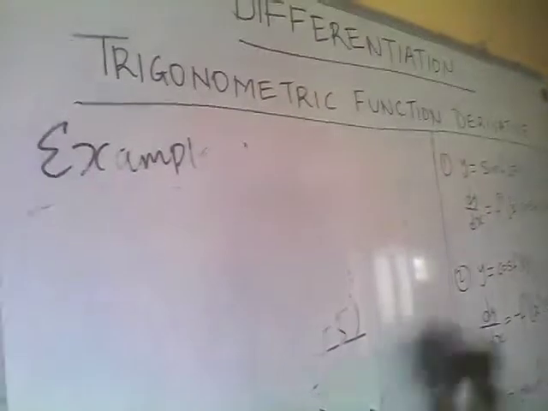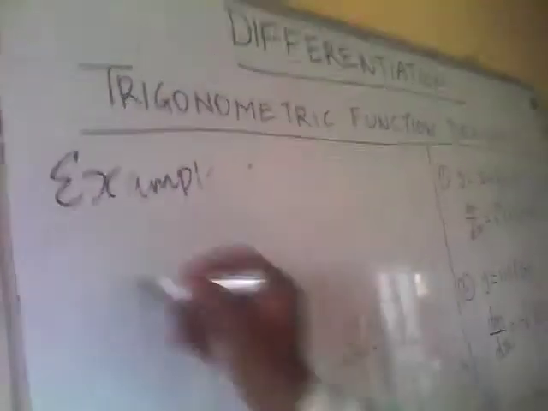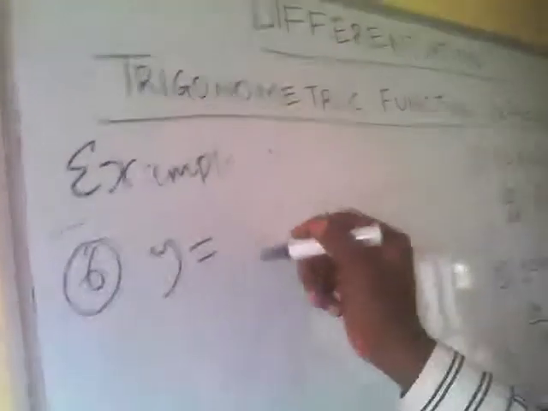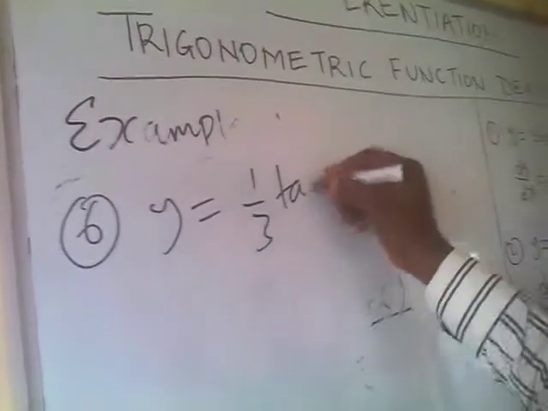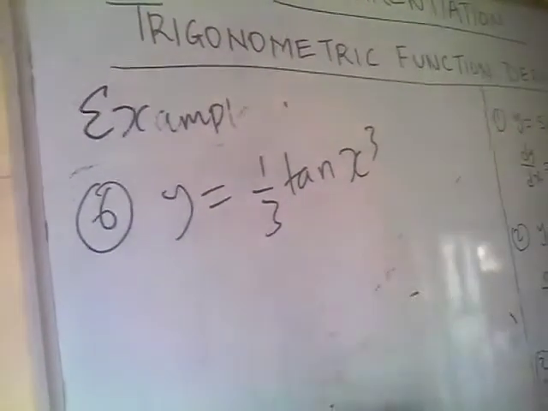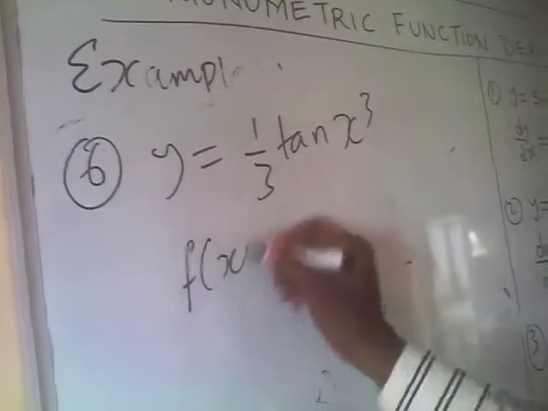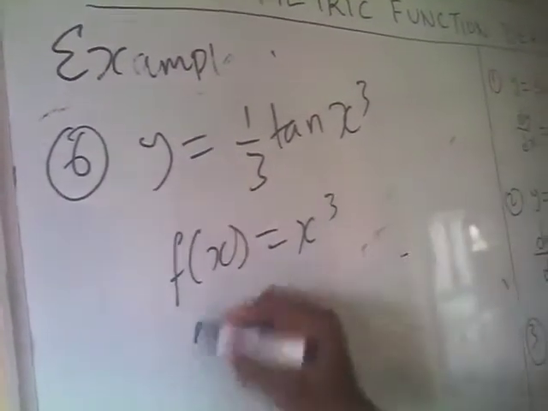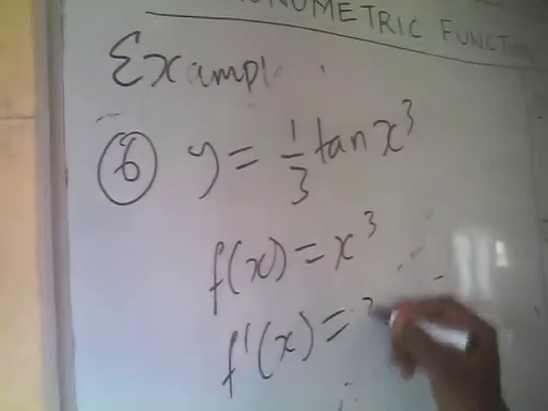The last example that we're going to take today is y equals 1/3 of tan x to the power 3. Again we know that our f of x is equal to x cubed, so f prime of x will be 3x squared.